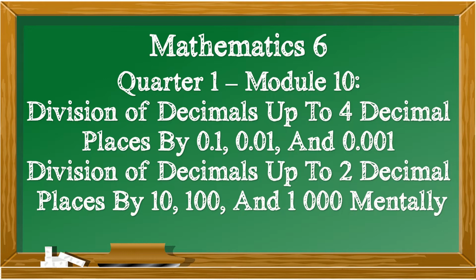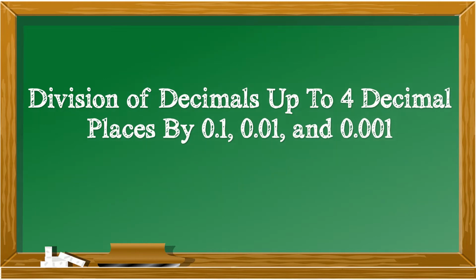So, meaning, we don't need to use any pen and paper to solve this. Okay, so let's start with the division of decimals up to 4 decimal places by 1/10, 1/100, and 1/1000.